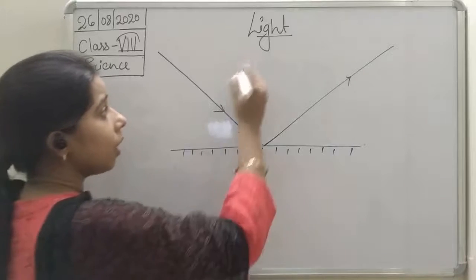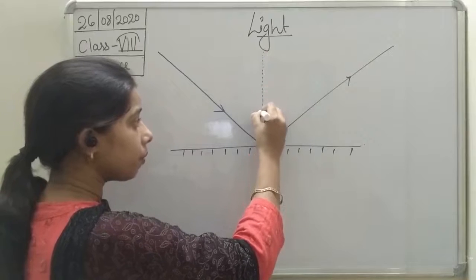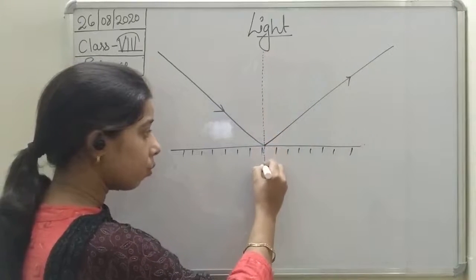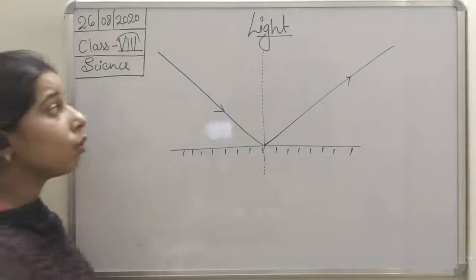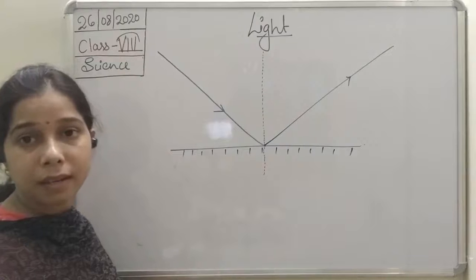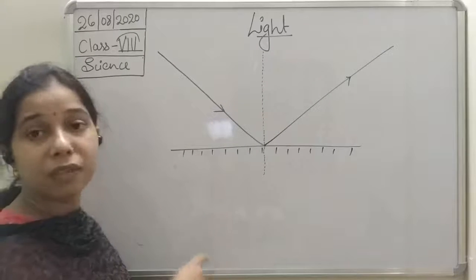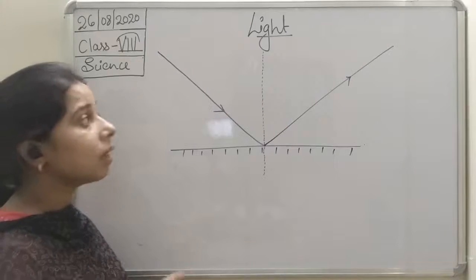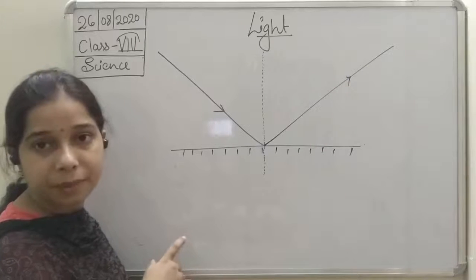Now students, a perpendicular line will be there which passes through the incident ray. Okay, so this perpendicular ray which is perpendicular to the surface of the mirror and passes through the point of incidence is known as the normal ray.